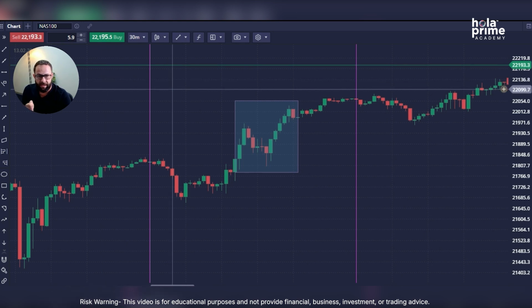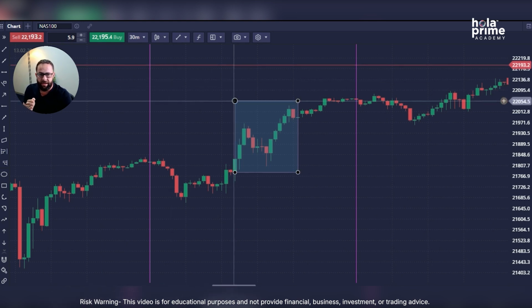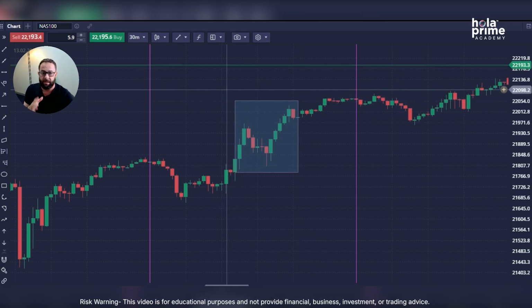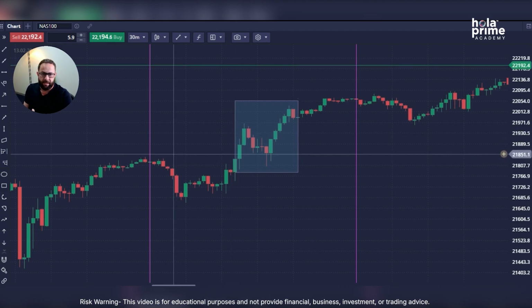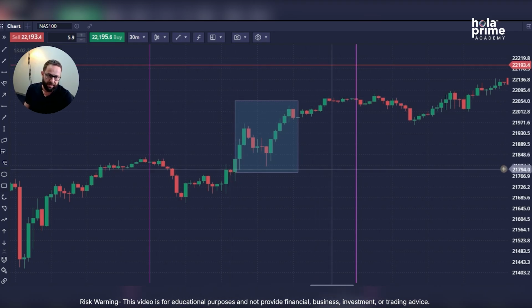But what I've marked here in this box is between 9:30 a.m. Eastern Standard Time and 4 p.m. Eastern Standard Time. That's basically the opening and closing time of the stock markets, which will give you most of the volume in these indices to trade. Now, indices like the NASDAQ 100 and S&P 500 are basically futures markets, so there will be times that they trade prior to the session as well as after the session.